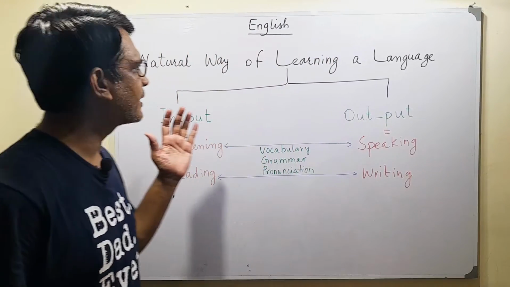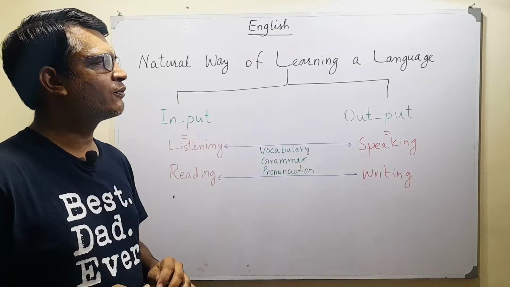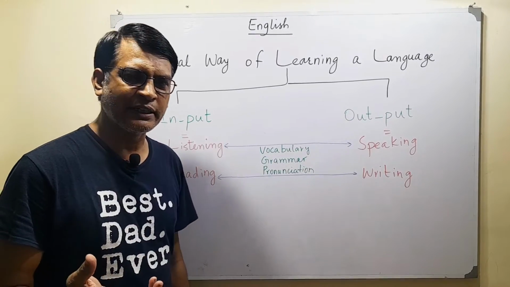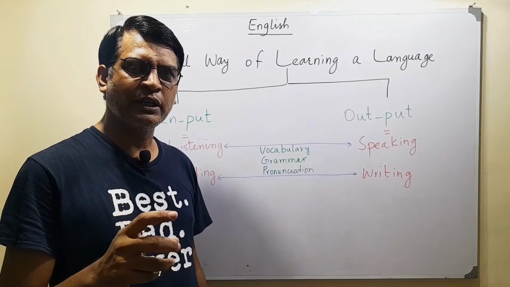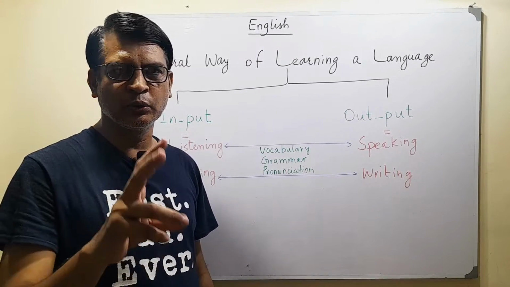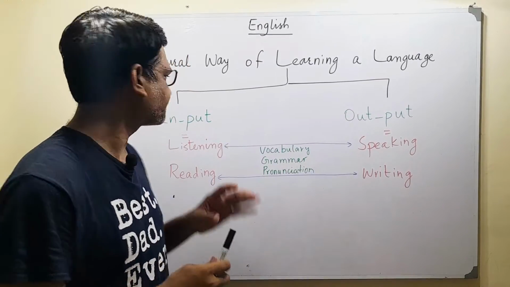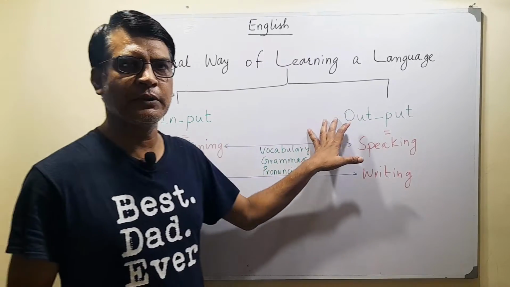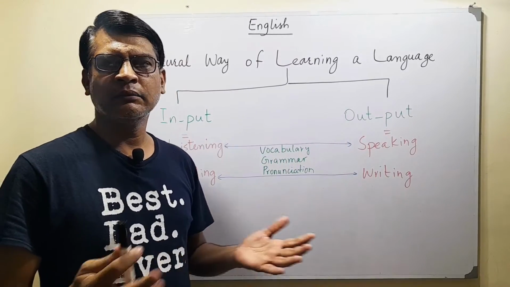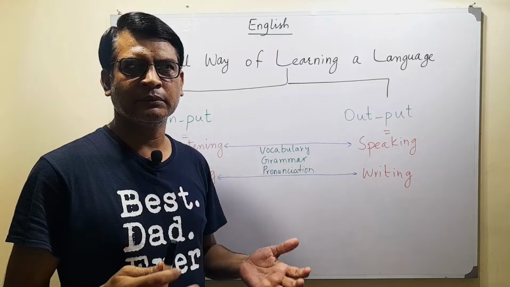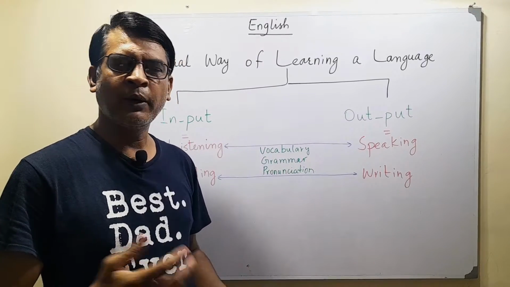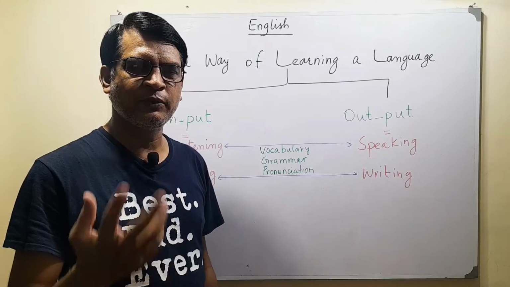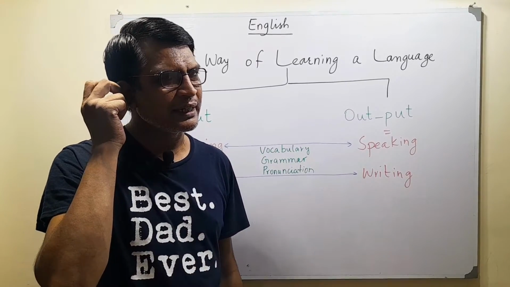What is a natural way of learning a language? Well, learning a language naturally depends on two things: input and output. The more input you give, the more output you can have. What are the ways through which we get input in learning a language?